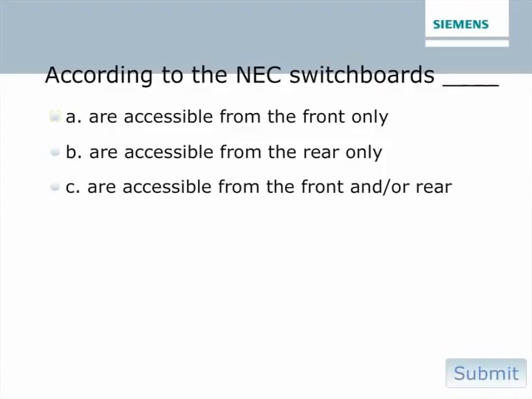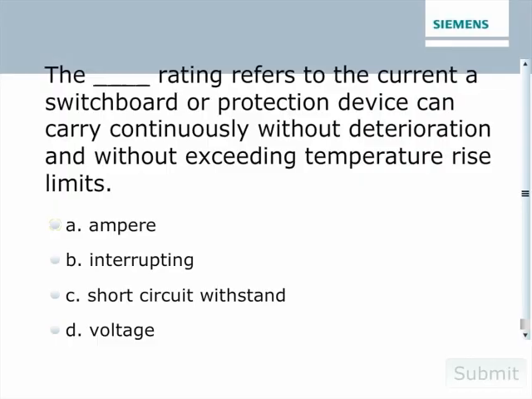Question 3. According to the NEC, switchboards blank. A, are accessible from the front only, B, are accessible from the rear only, C, are accessible from the front and or rear. Question 4. The blank rating refers to the current a switchboard or protection device can carry continuously without deterioration and without exceeding temperature limits.